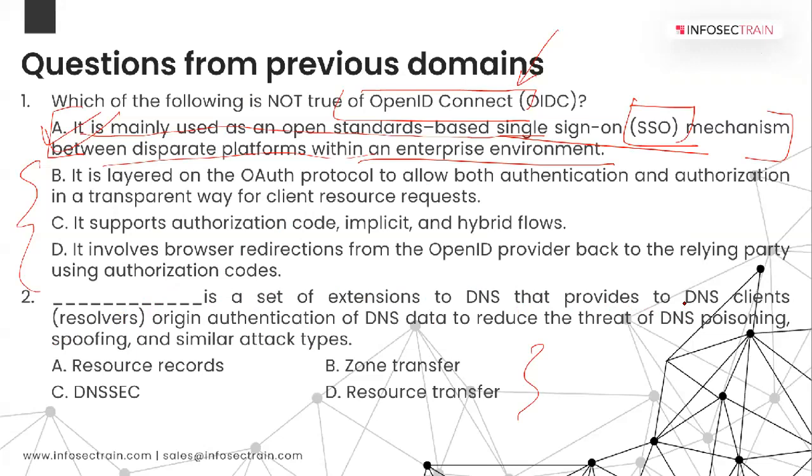The time starts now. You have 10 seconds to put in your answers. Your time's up. So the input is B. What is B? B is zone transfer. If you have read about what DNS is.